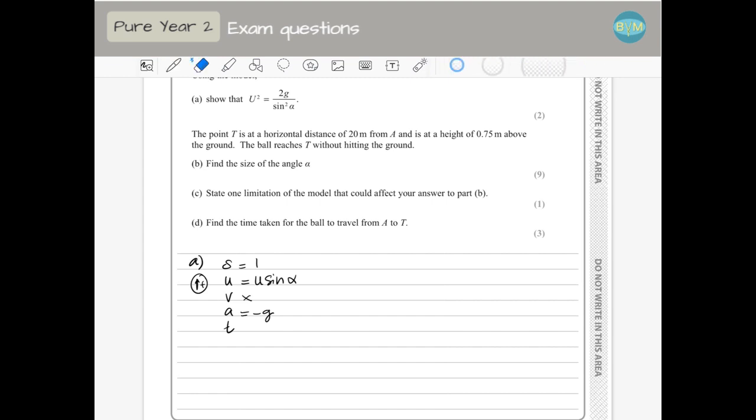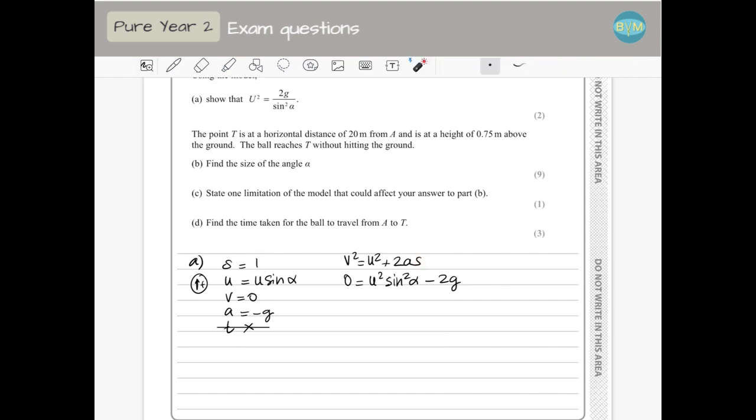sorry, I know the final velocity. The velocity at the top is 0. The time is what I don't need. So I'm going to use a SUVAT equation without t, which is this one. So v squared is u squared plus 2as, and I'm going to substitute what I know. v squared is 0, u squared sine squared alpha, so I'm squaring the velocity, minus because the acceleration is negative, and I'm going to leave just g because they leave g in the expression, minus 2 g s, which is 1.